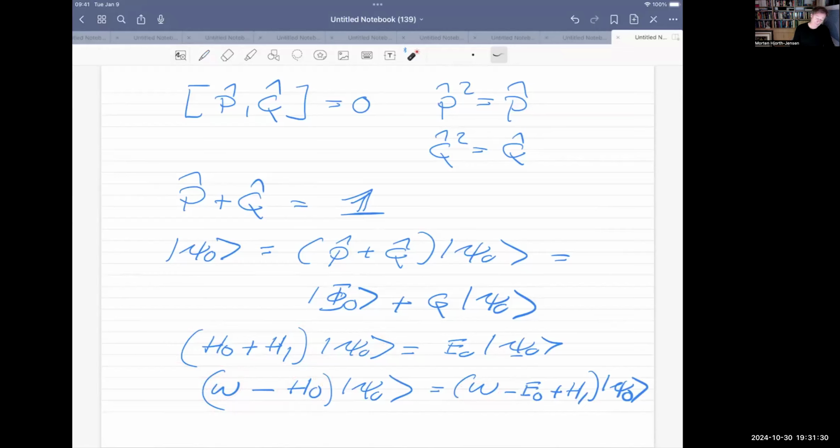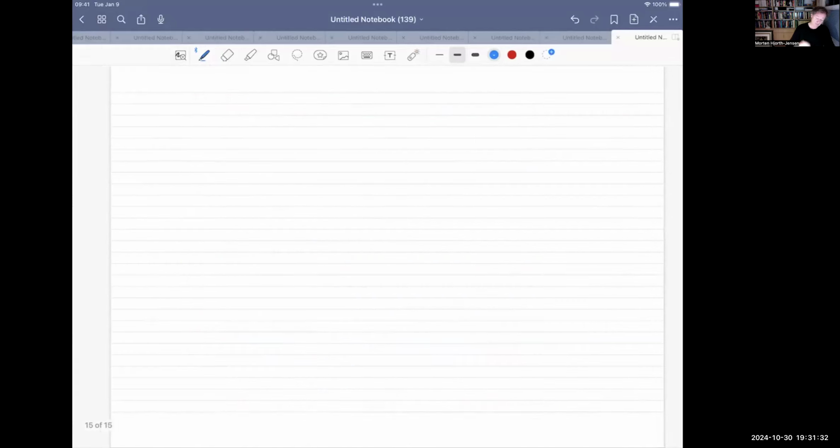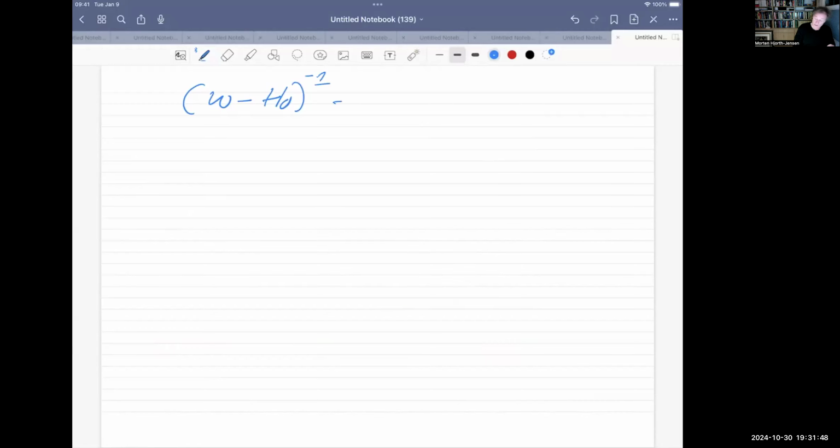So let's now rewrite this equation. One thing which we are assuming now is that the inverse of omega minus H0, so H0 is an operator as well, exists.